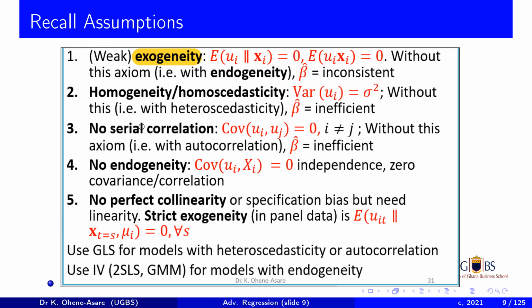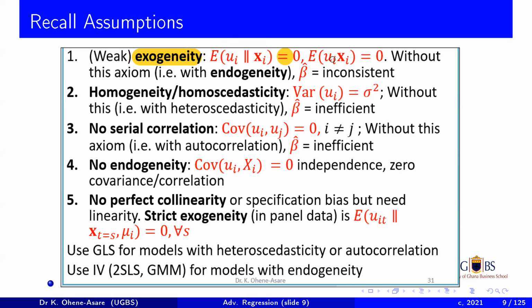The key point of exogeneity is this: the expected value of the error term is zero. Sometimes we call it a zero mean error. So sometimes we say that the error term is normally distributed with a zero mean and a constant variance. You remember that? Now that expected value, so we expect that over time, or even across individuals, the error term is zero.